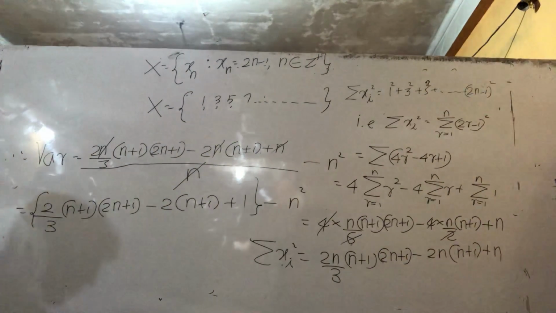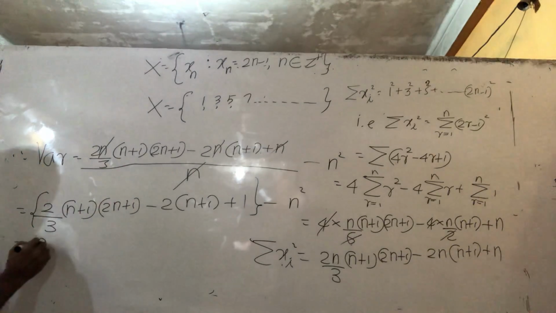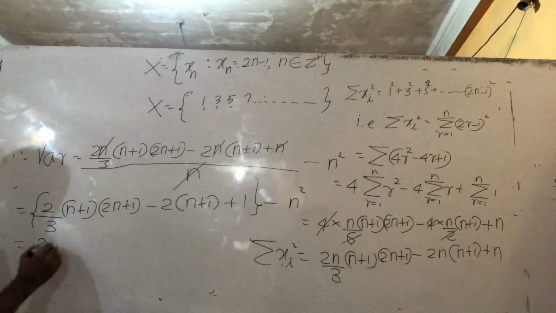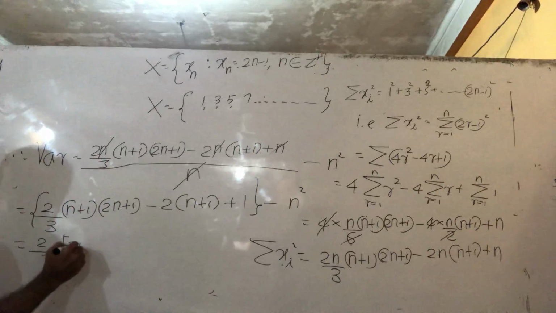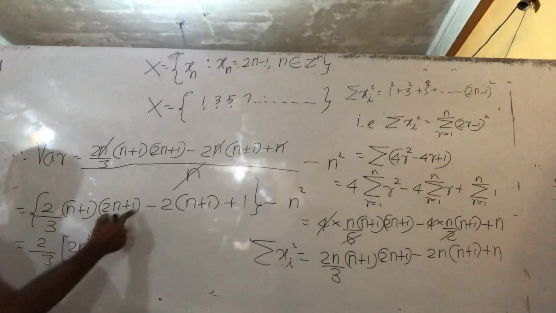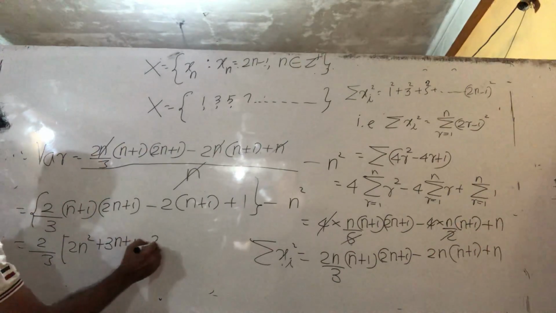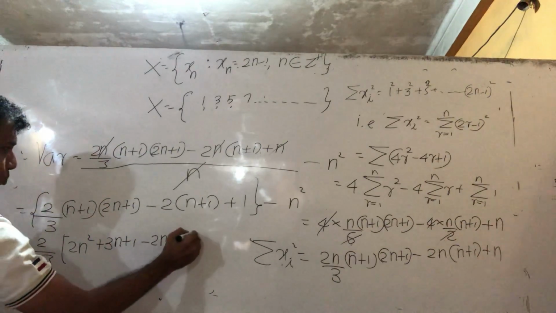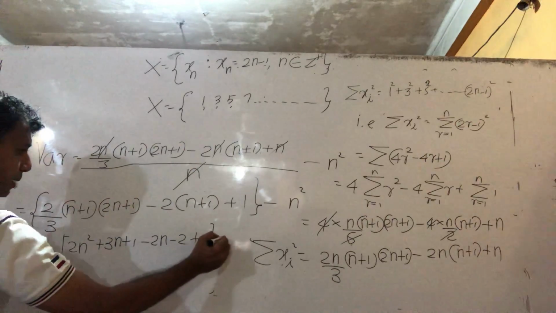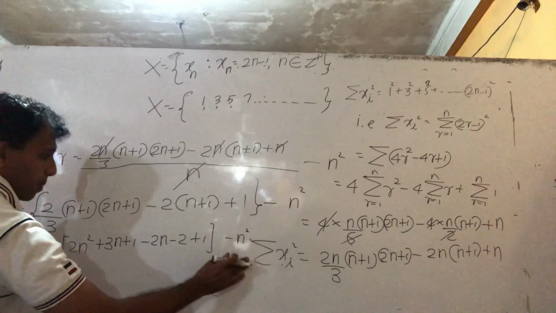Now simplify that and go to the answer step by step. 2/3 times 2n square, plus 3n, plus 1, minus 2n minus 2 plus 1, and minus n square.